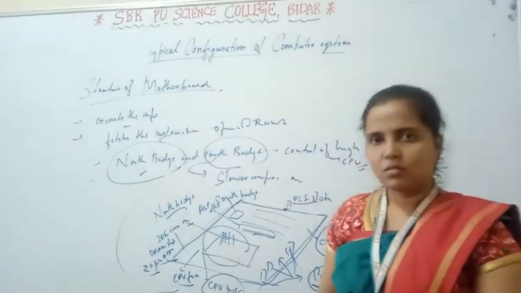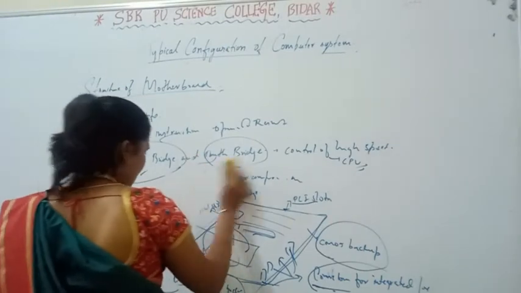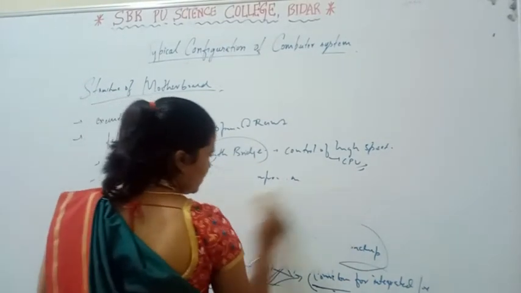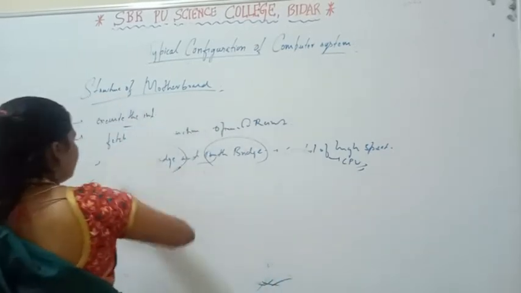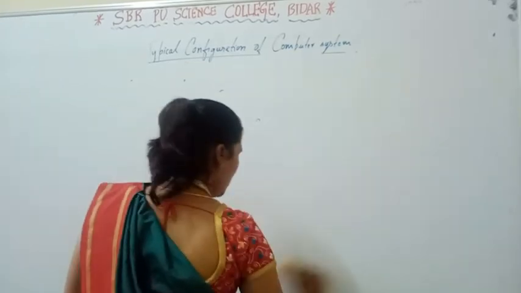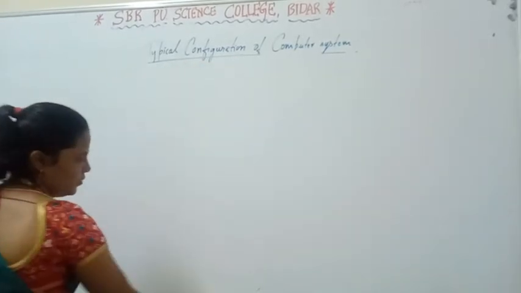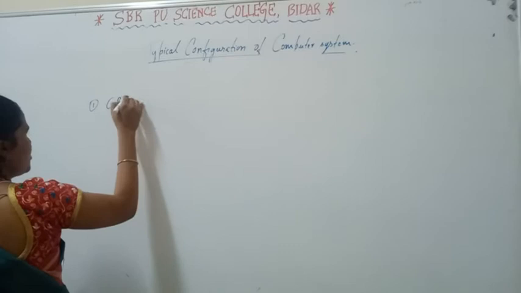After this, various components of motherboards are there. So what are the components? As you can see here, various slots are there, connectors are there, like CMOS backup. All those are the components of the motherboard. In that, first one will be CPU, that is processor.